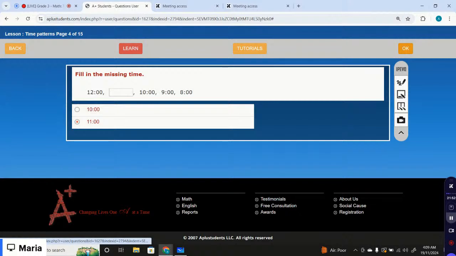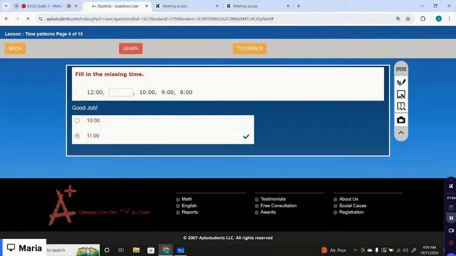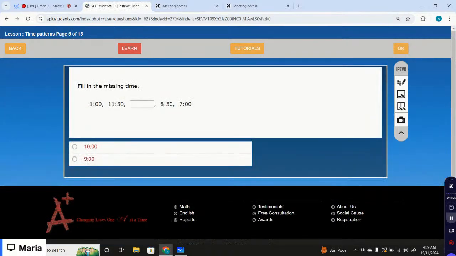Option number 2 is the correct option. Fill in the missing number 1, 11:30.